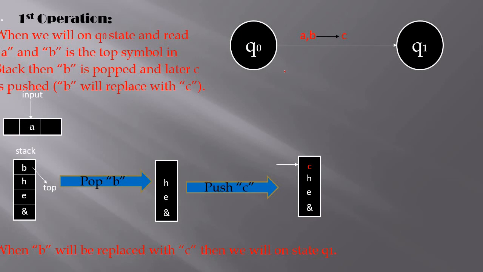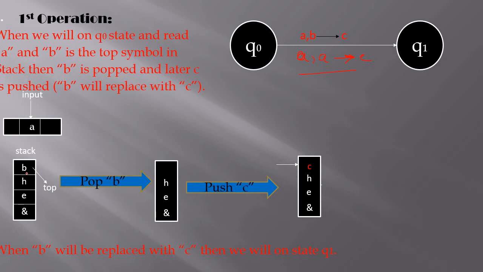But many times we can face an error state. For example, if I write read A, pop A and push C, you are reading A and popping A, but there is B at the top of the stack.